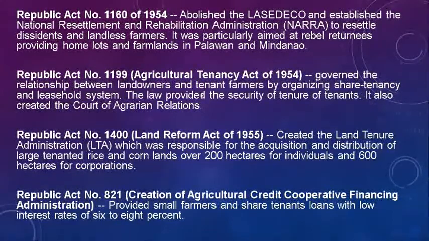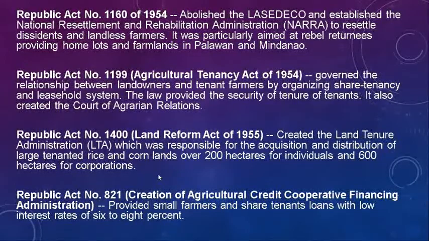Also, there's again the Agricultural Tenancy Act of 1954, governing the relationship between landowners and tenant farmers, again by organizing the shared tenancy and leasehold system. Also, there is this Land Reform Act of 1955, which created the Land Tenure Administration, or the LTA, which was responsible for the acquisition and distribution of the large tenanted rice and corn lands over 200 hectares for individuals and 600 hectares for corporations.